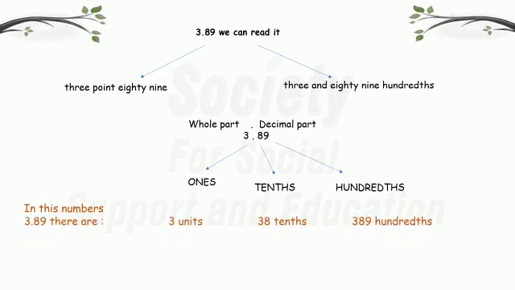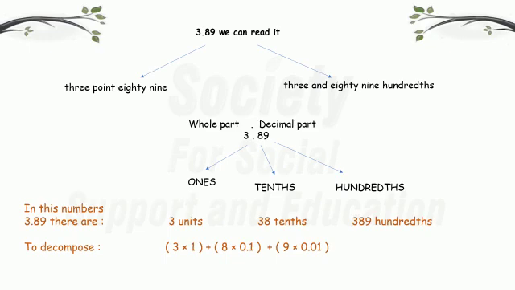So in this number 3.89, there are 3 units, so 3 ones, 38 tenths. The number of tenths is the number from the tenths to the whole part. So 38 tenths and 389 hundredths.